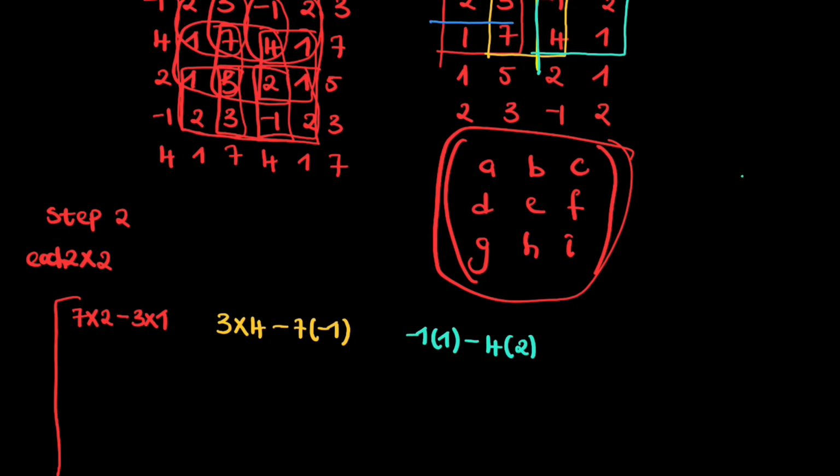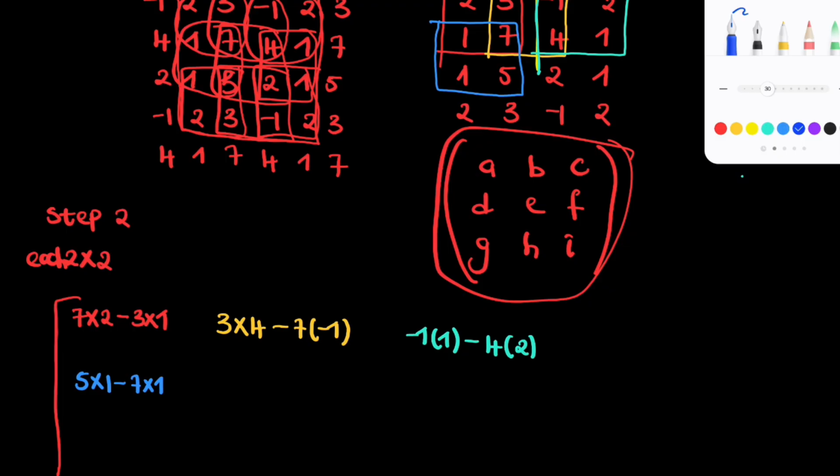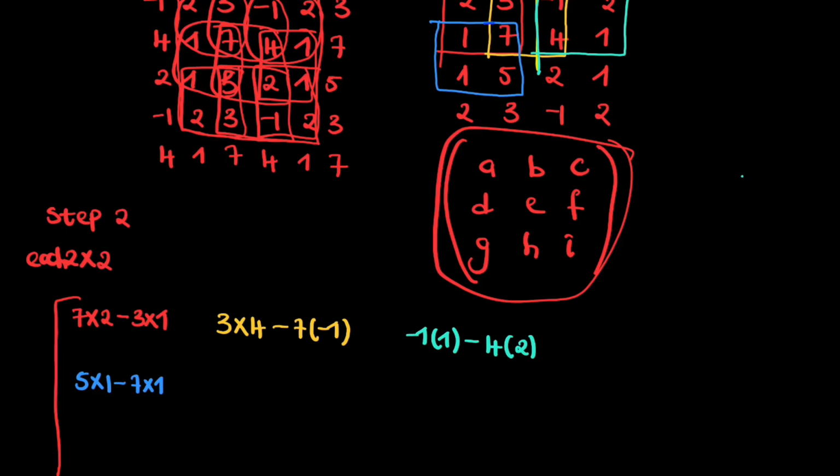So this is our next 2 by 2. So that is now going to give us our D element. So we have 5 times 1 minus 7 times 1. Let's take the next two.